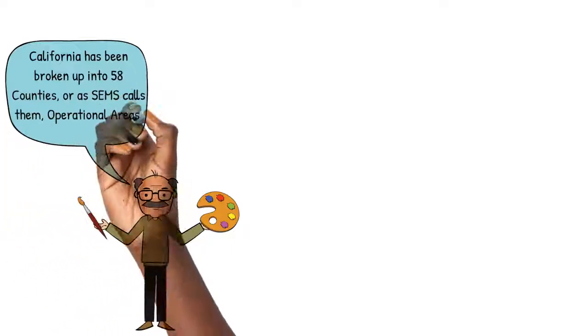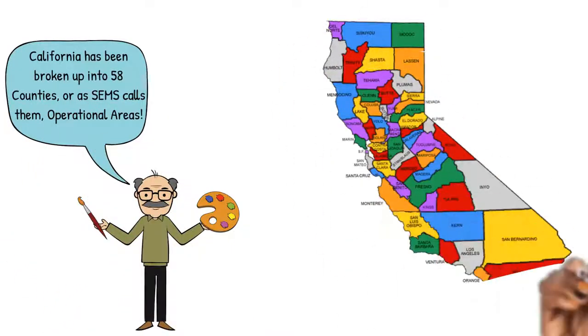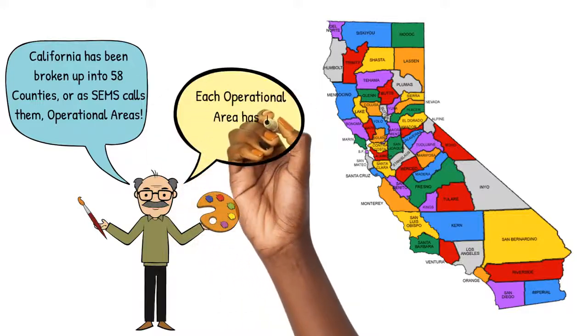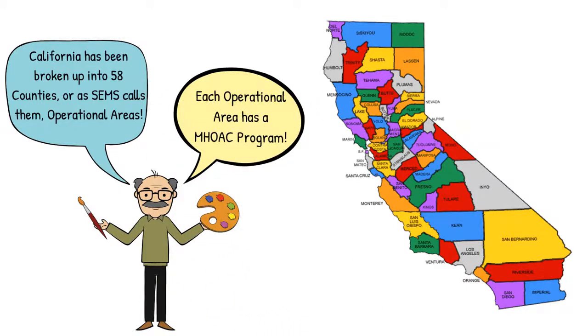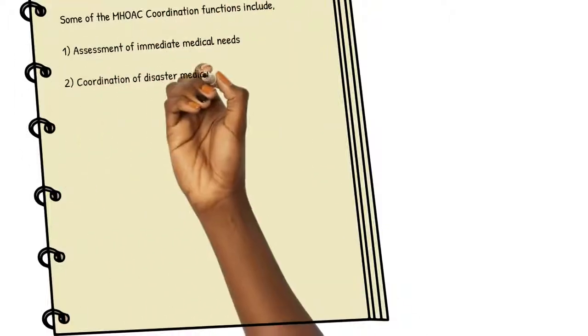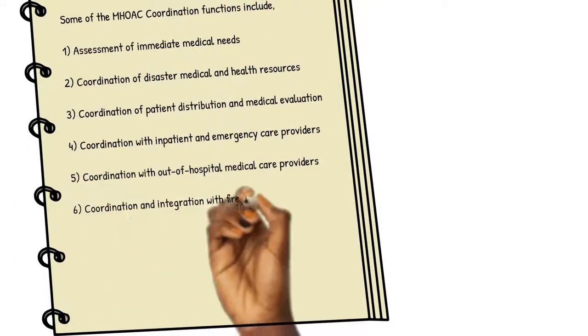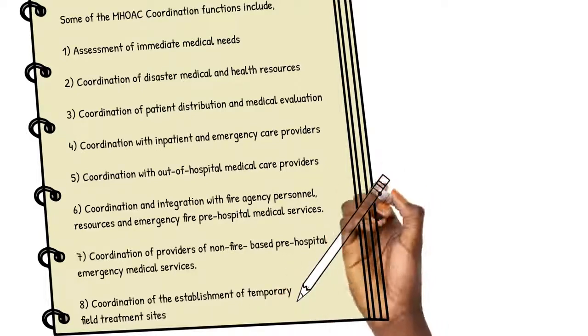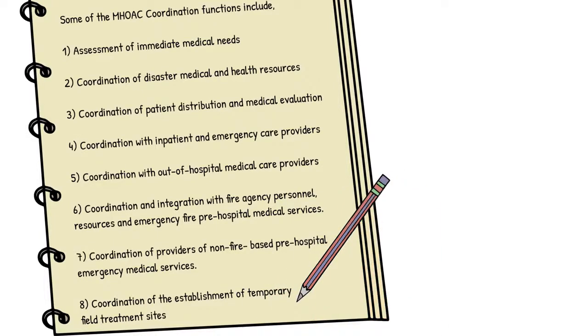California has been broken up into 58 counties, or as SEMS likes to call them, operational areas. Each operational area contains a MHOAC program. Let's talk a little more about the MHOAC program and some of the coordination functions that are included. There are 17 different functions that the MHOAC program has to fulfill, so it really can't just be one person.